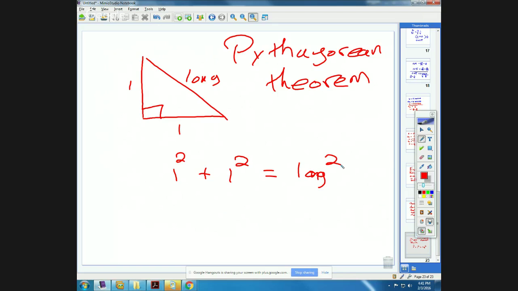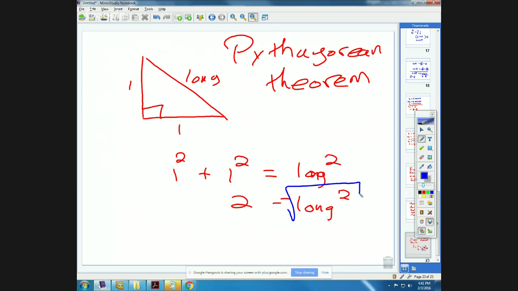Okay, well, let's see. What's 1 squared? 1. What's 1 plus 1? Okay. So this says that the long side squared has to be equal to 2. What number can I multiply by itself to get 2? If you think way back to your algebra class, you learned how to use the square root symbol to cancel a square.